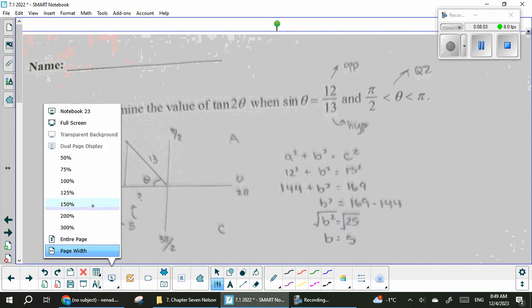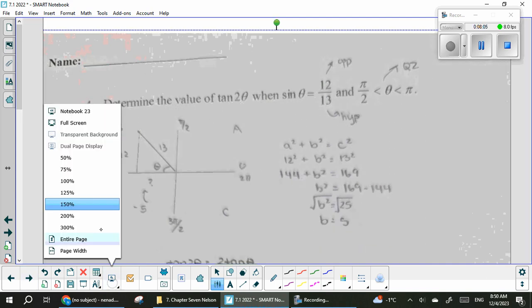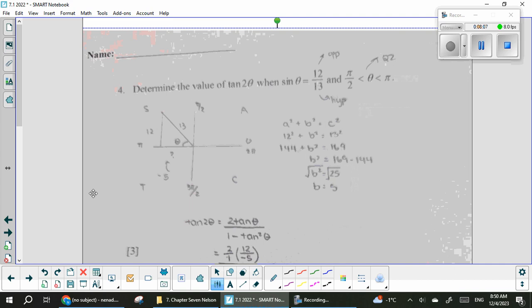Let me just zoom this out. I guess that should be good enough. So you're given a value for sine theta, which tells you also that you are in the second quadrant, so you're not looking at any other options. So once you set up the triangle right here, you're able to find all three sides of the triangle.